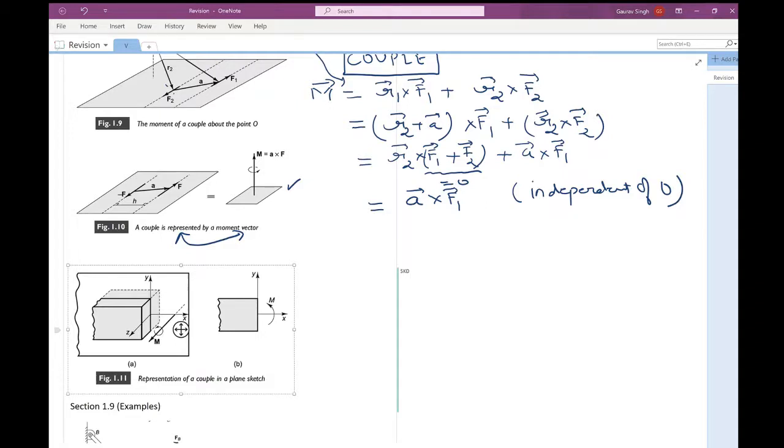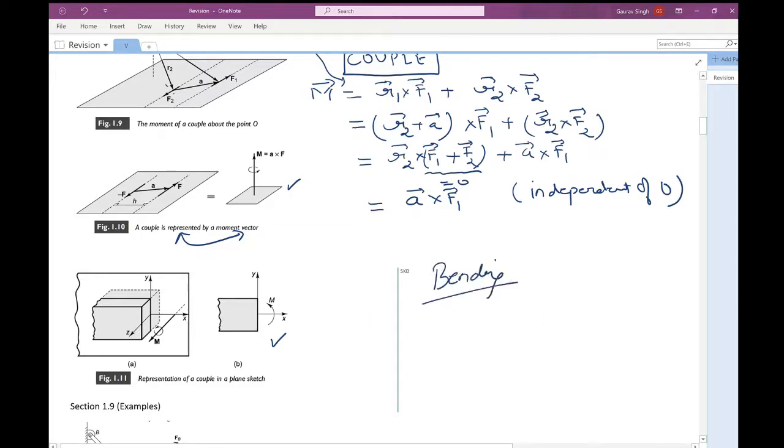So you have the x, y and z axis, and then there is a couple which is acting in this form, and then this can be represented in this particular way. Okay, so this is just like a two-dimensional representation of this problem, and this will be used very rigorously in bending analysis, where we'll see bending of beams and things like that. So we'll see how a couple like this is used.